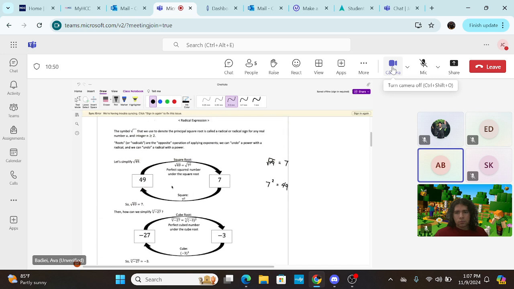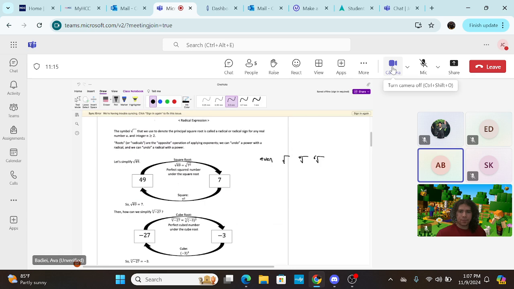Now, with this part, there is an important thing that we'd better cover right here. When you are working with radicals, it's important if you have an even index or an odd index. So when we are having an even index, let's say square root or the fourth root or the sixth root, you have to be careful with your radicand here.